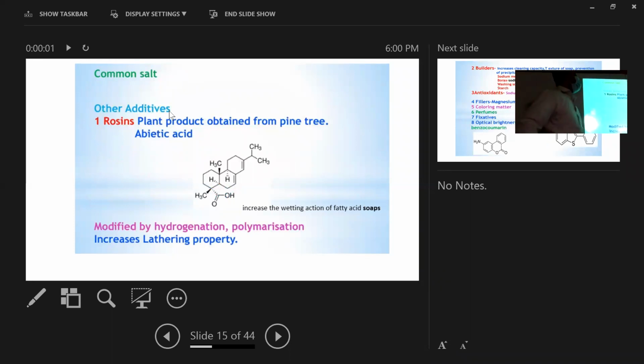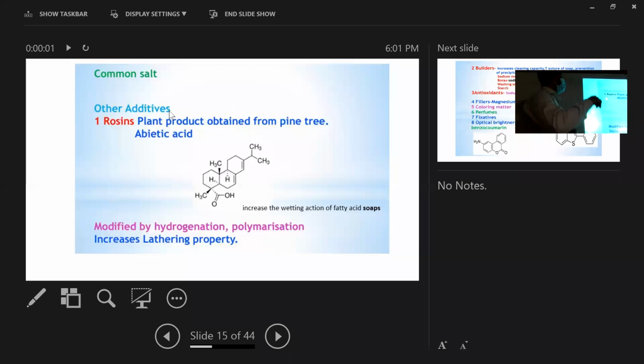So common salt we can use, that means sodium chloride. Just common salt, or different types of salt we can use to prepare the soap, and also other additives. In the last class, while we were studying polymers, we mentioned several types of additives. So in case of soap, we can have several types of additives.